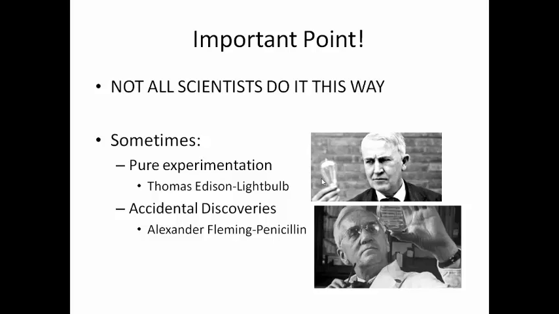And then there's accidental discoveries, such as Alexander Fleming discovering penicillin. He just happened to leave his fruit out to rot and found out that it killed all of his bacteria plates, and that's how he discovered penicillin works. He did a lot of experimentation afterwards to figure out which part of the mold actually was killing the bacteria, but his initial discovery was just an accident, and sometimes that happens.